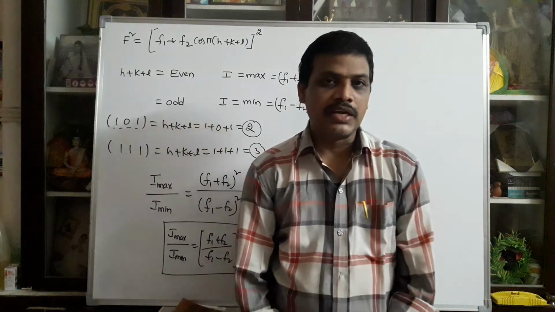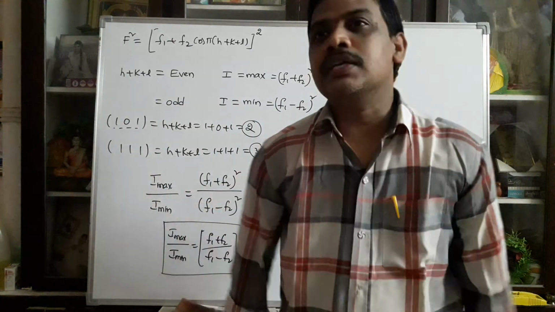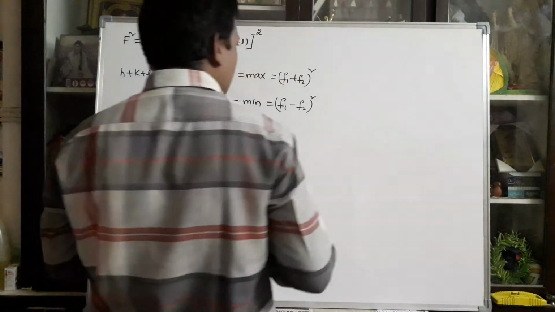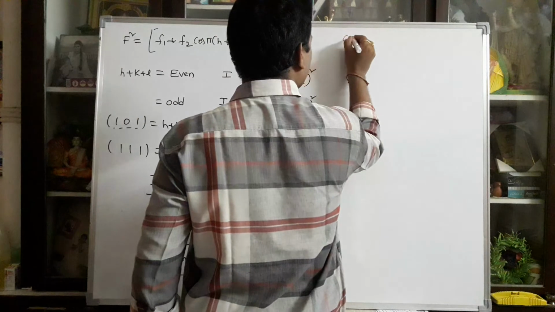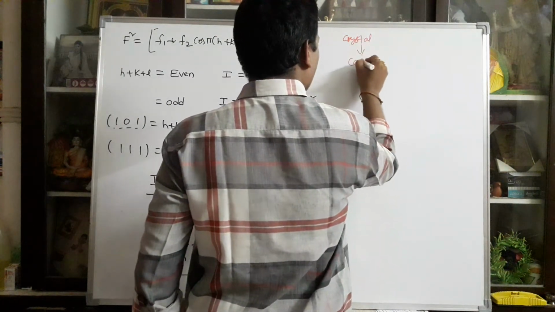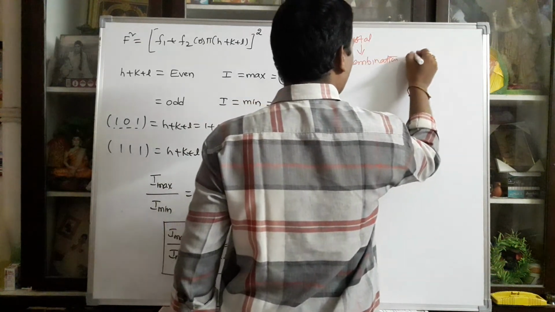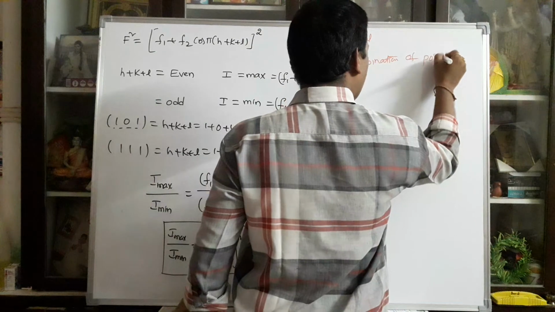Suppose the crystal consists of particles that can be considered point-sized objects, that is, the crystal is a combination of point-sized atoms.